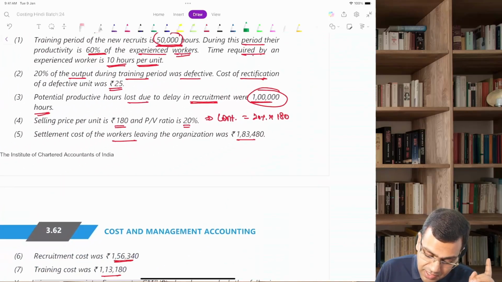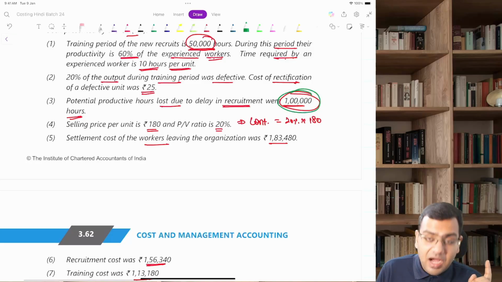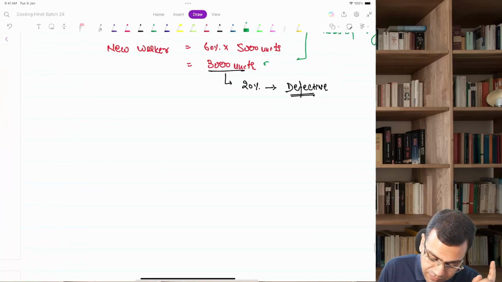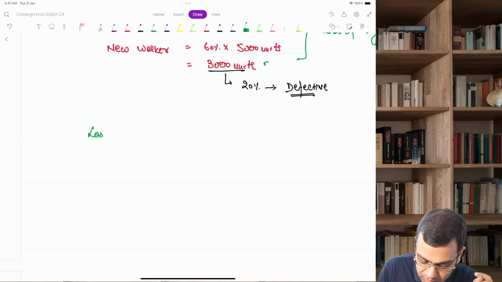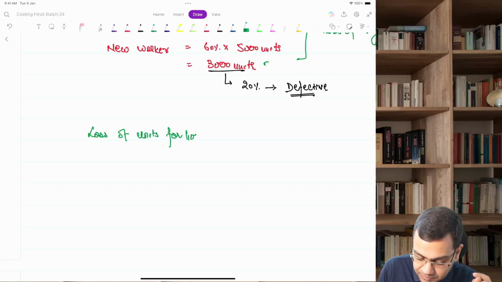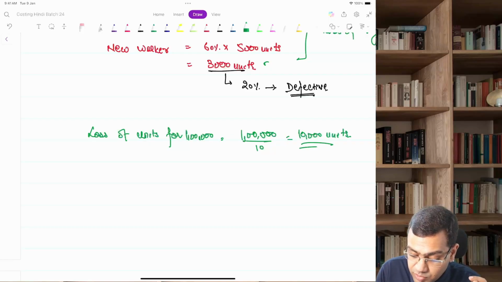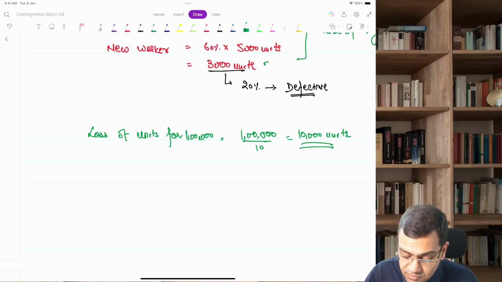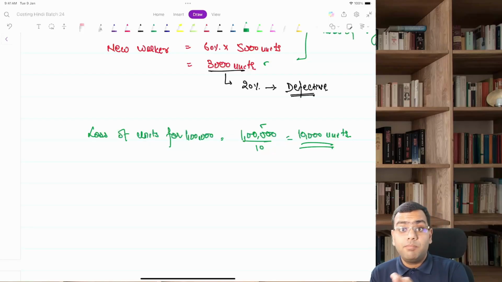Another thing is this 1 lakh hours which are lost, right? So we can say loss of units for 1 lakh hours, as per the experienced worker, divided by 10, that is 10,000 units. An experienced worker would have produced 10,000 units in this 1 lakh potentially productive hours.